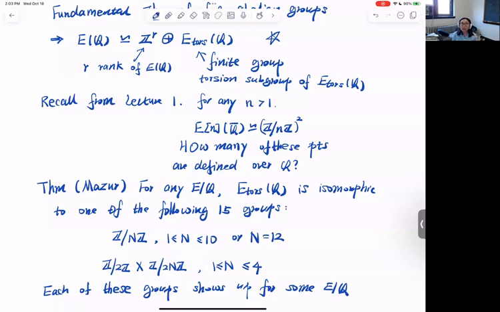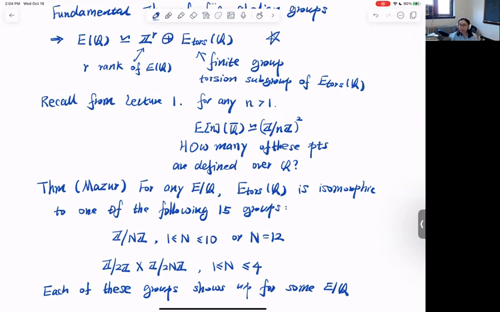It's also very explicitly computable because what you do is you take the elliptic curve over Q, pick a prime, as long as it's not too small, a prime where E has good reduction, and you reduce mod this prime. Then you'll see that the torsion subgroup actually will inject into the points of the reduction.